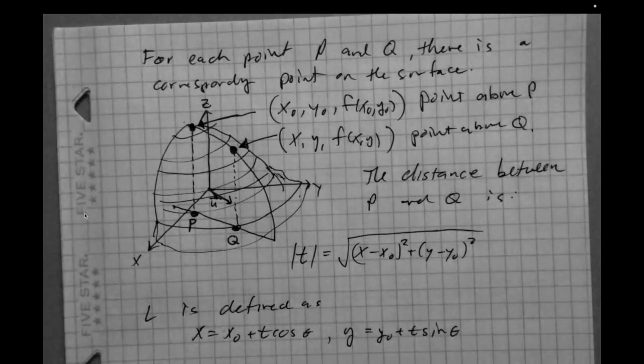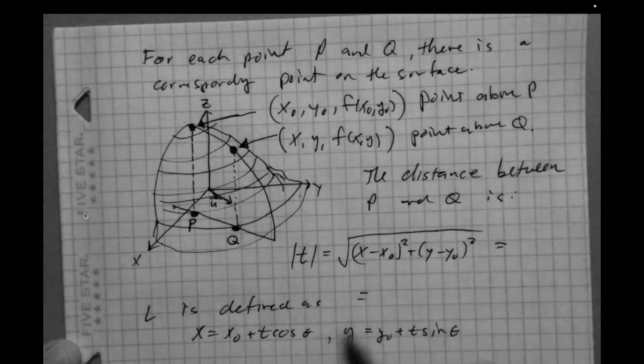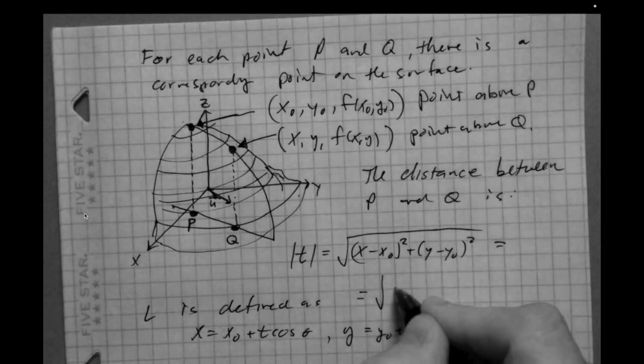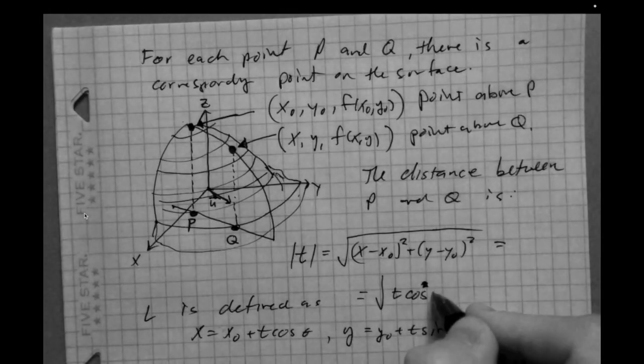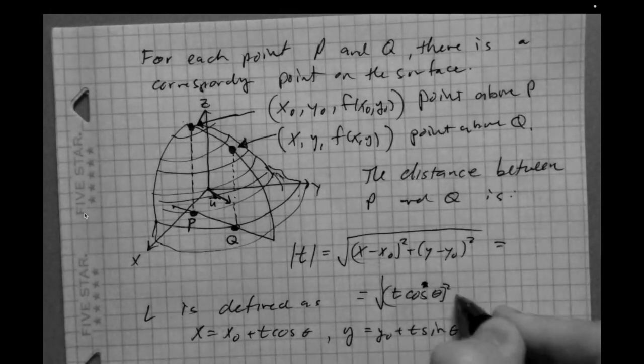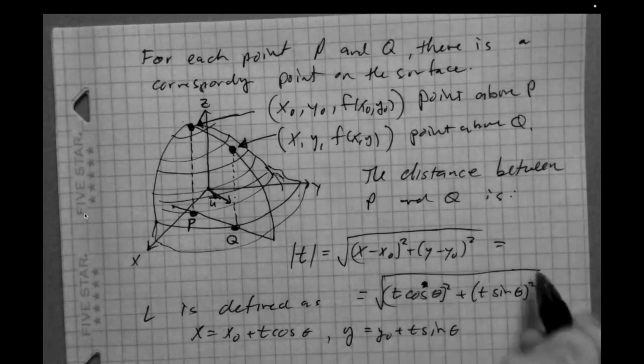So that being the case, we can rewrite this as the square root of t cos theta squared plus t sine theta squared.